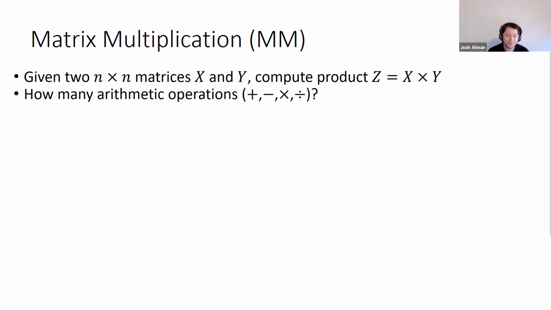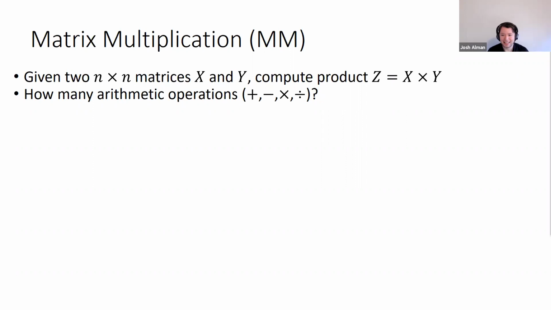If there are really, really huge numbers in your entries, it can take a lot of time just to read and multiply those numbers, which is unrelated to the matrix multiplication part. So roughly the real running time should be the number of operations times how much time it takes to actually do each of these operations. But I'm going to abstract this detail away and just count the number of arithmetic operations today.